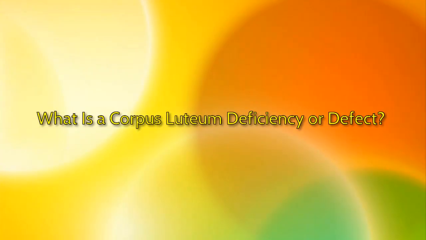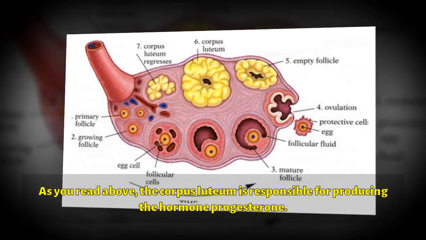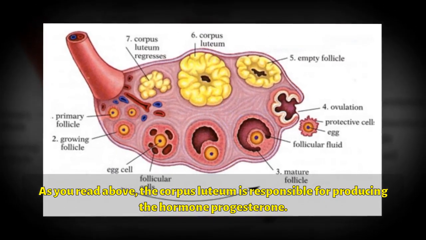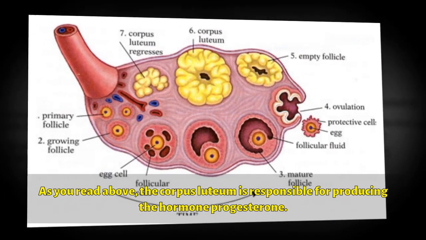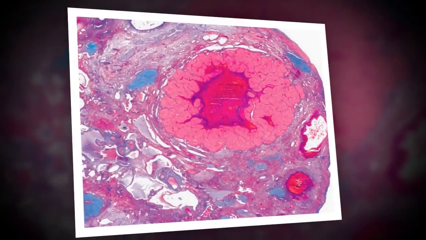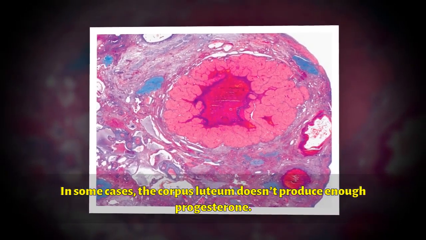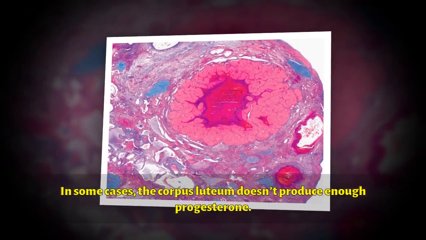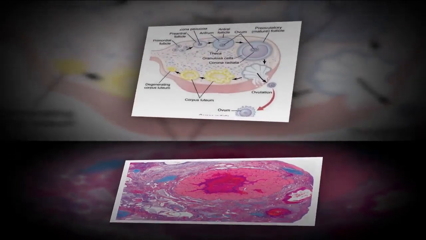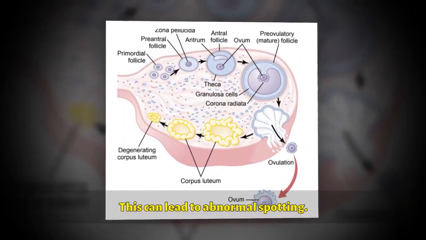What is a corpus luteum deficiency or defect? As you read above, the corpus luteum is responsible for producing the hormone progesterone. In some cases, the corpus luteum doesn't produce enough progesterone. This can lead to abnormal spotting.